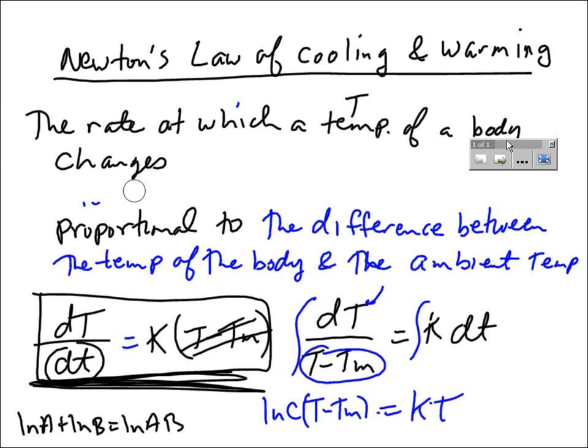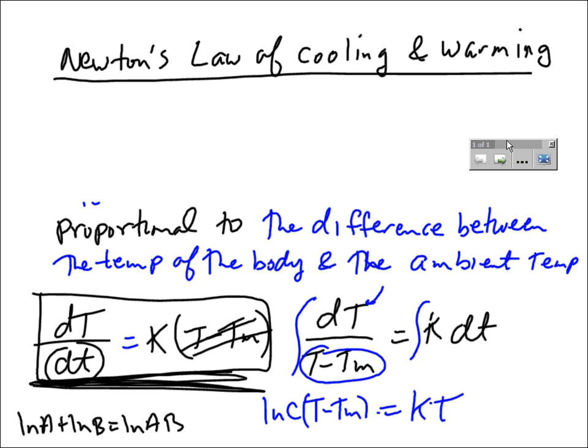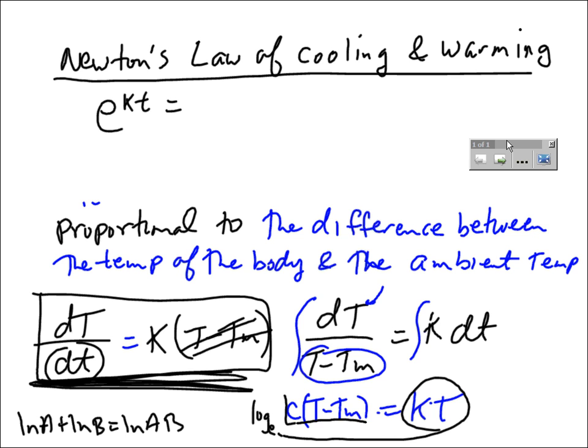Now, let me make some room up here, please. Remember that ln is shorthand notation for log base e. So e to the kt is equal to what I was taking the log of, namely C times T minus Tm.